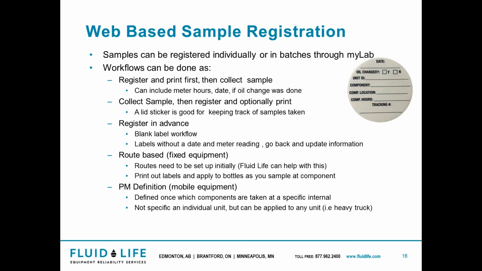So basically, if you have a 797 heavy haul truck, the PM interval is likely going to be the same for all those trucks. So you could just have that PM definition for all trucks and have that one set up that way.